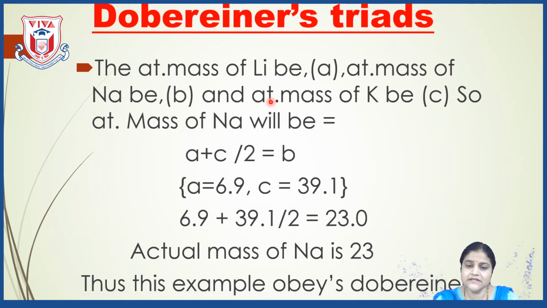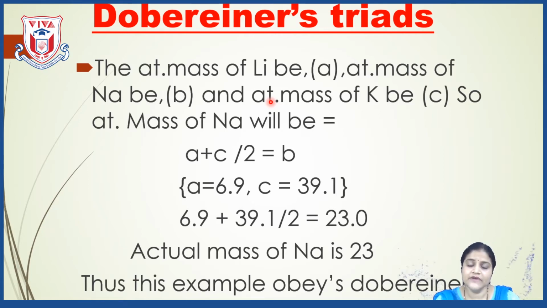After arranging them in order, he noticed that the first three elements had similar chemical properties. So he made groups of three elements as they were similar in their properties.